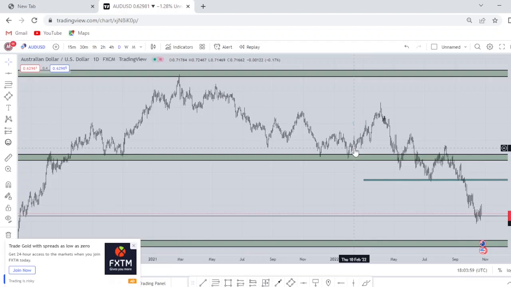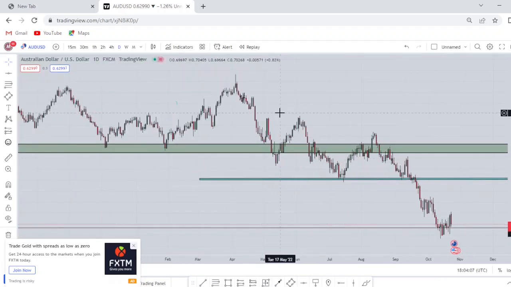But the major zones that you are going to be concentrating on are going to be the minor zones, which will now be acting as your major zone. In plotting this minor zone, you're going to be plotting it on the daily, and your daily time frame will not be the time frame that you plot your major zone, and your 4 hours time frame is not the time frame you plot your minor zone.